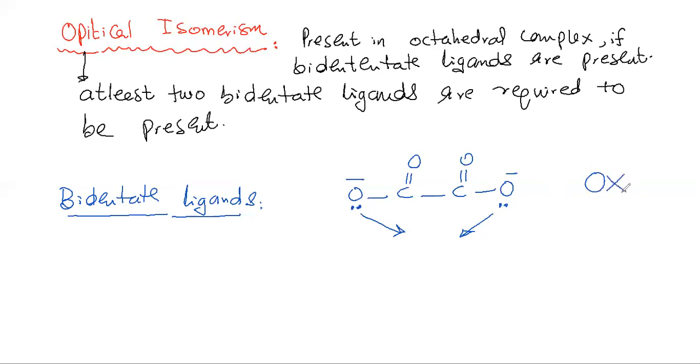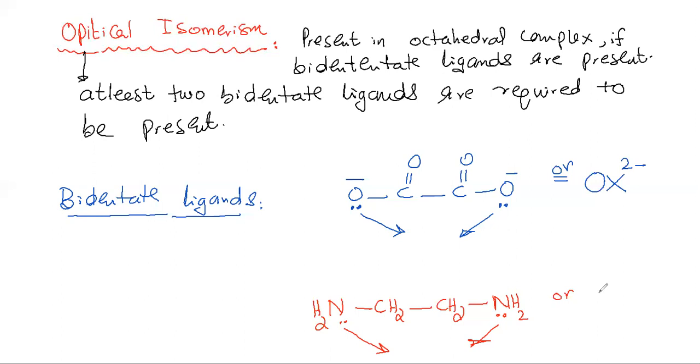And this ethane dioate ion is represented with OX, and OX is di-negative. OX is the representation of this bidentate ligand. And the other bidentate ligand we discussed was diamine. Diamine has two NH2 groups, and each contains a lone pair through which the dative bond can be formed.